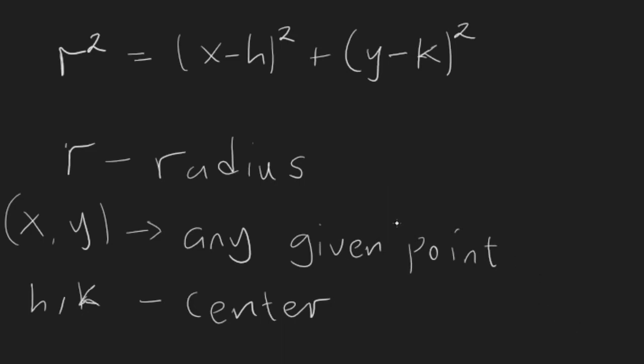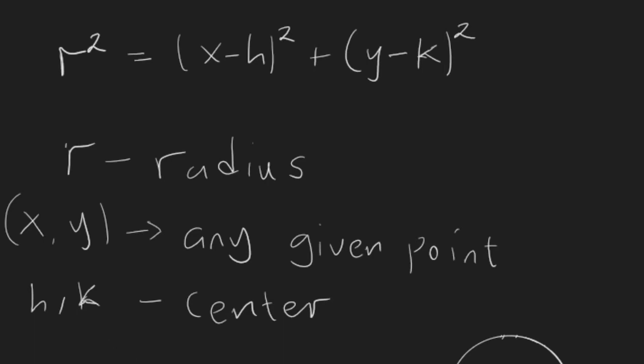A circle has a lot of points joined together that make it a circle, so x and y could be any of those points, and h and k will be our center, approximately here.